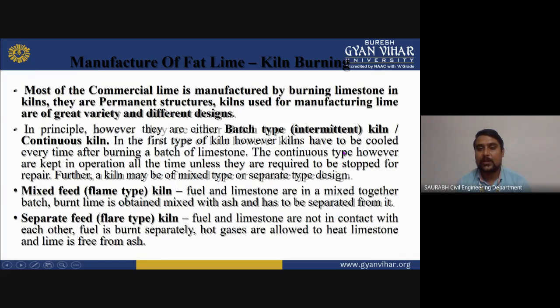The continuous type, however, is kept in operation all the time unless required to stop for repair. Further, a kiln may be of mixed feed or separate feed design, and these are the types of kiln, as you can see here, which are used for the manufacturing of fat lime.